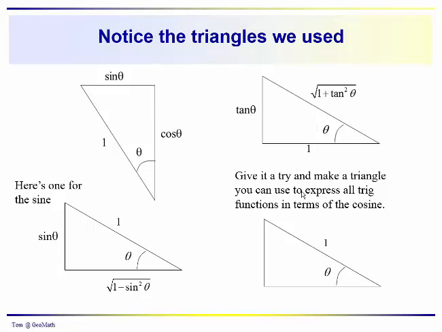So as an exercise, here's a triangle. Develop a triangle to show your trig functions in terms of the cosine. Well, we know the cosine is the side adjacent over the hypotenuse. That would be the cosine. This side must have a length equal to the cosine of theta. So have a look at that. That should be pretty easy for you to do using these examples here.